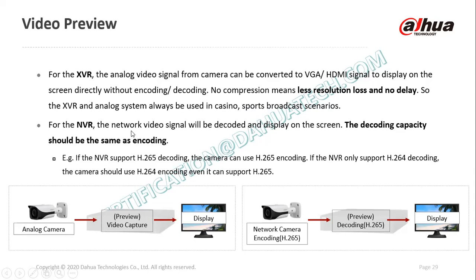So for an NVR, the network signal will be decoded and displayed on the screen. So the signal has to be converted to be able to be displayed on the screen. So the decoding capacity should be the same as the encoding. Remember when we were talking about H.265: if we have H.265 on the camera side, use H.265 on the NVR side.